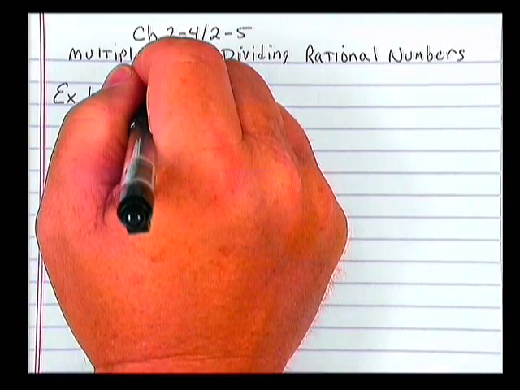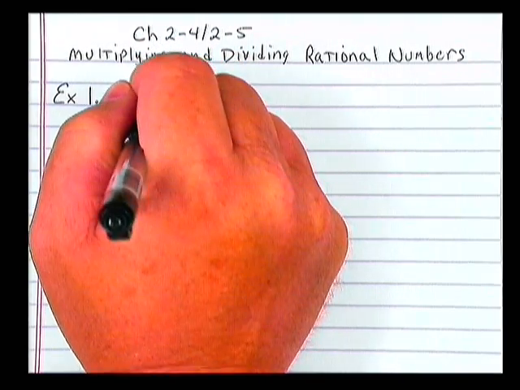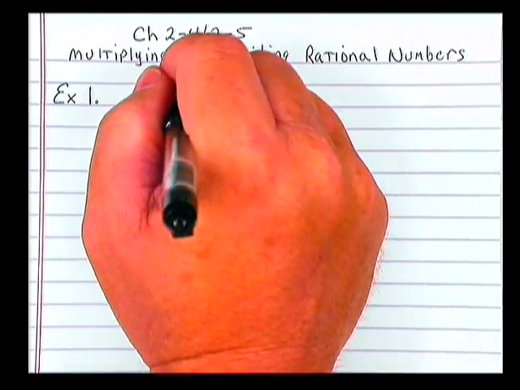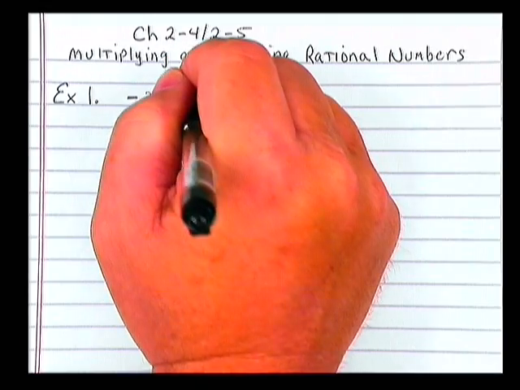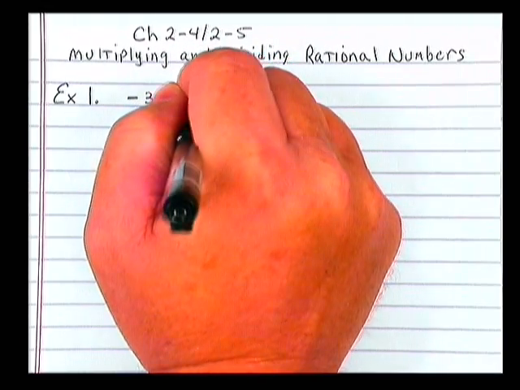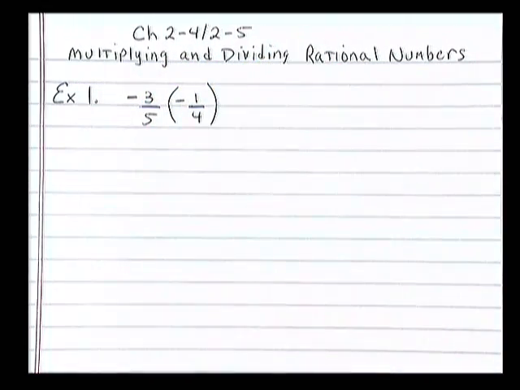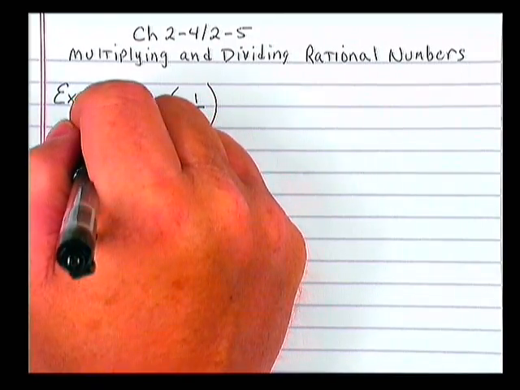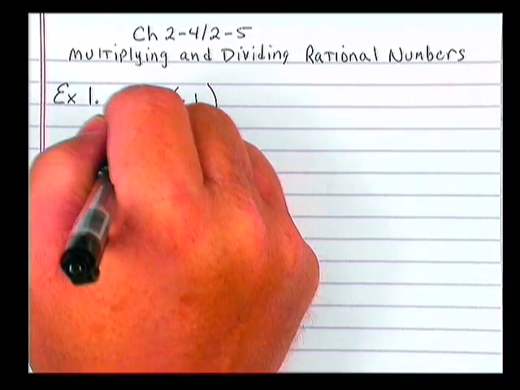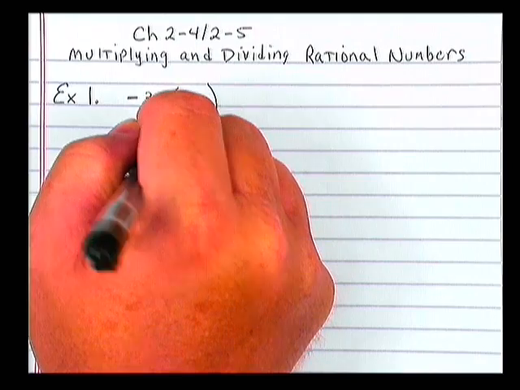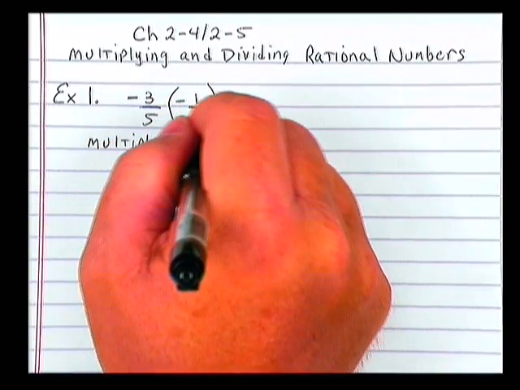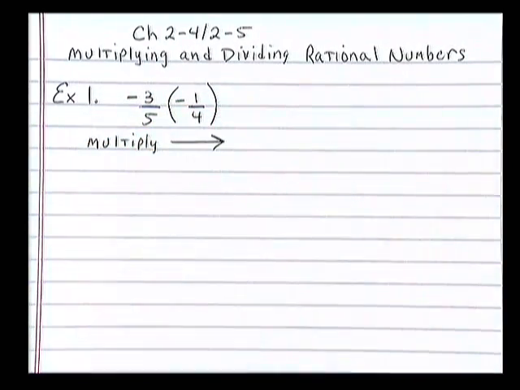First example is 3/5 times -1/4. First thing you're going to do is, when you multiply fractions, you multiply going straight across the top and the bottom.